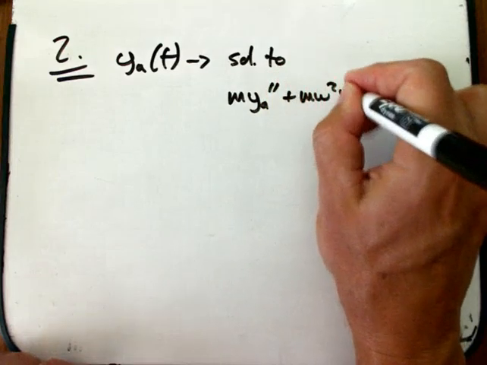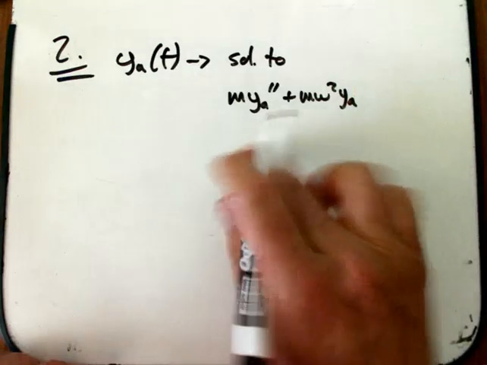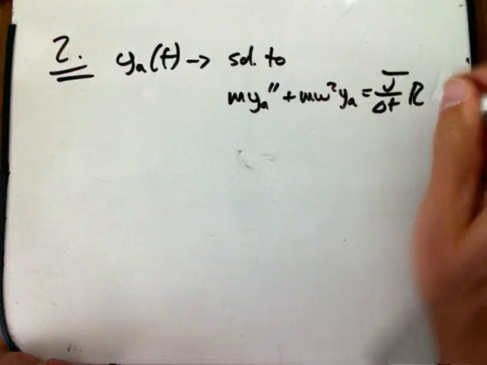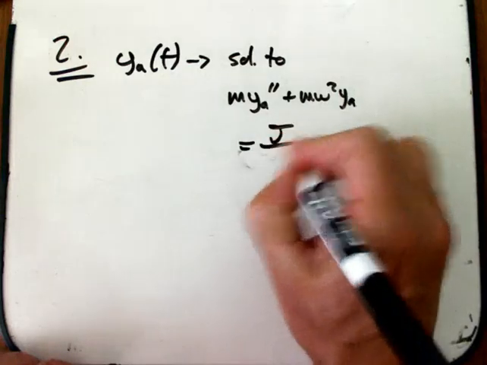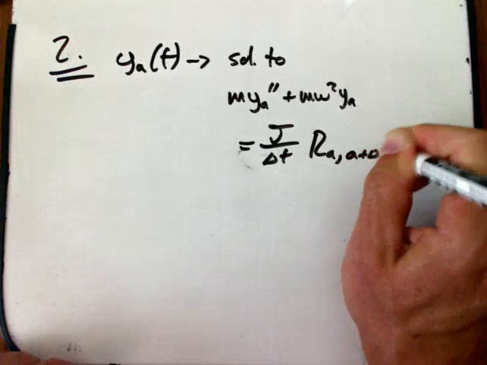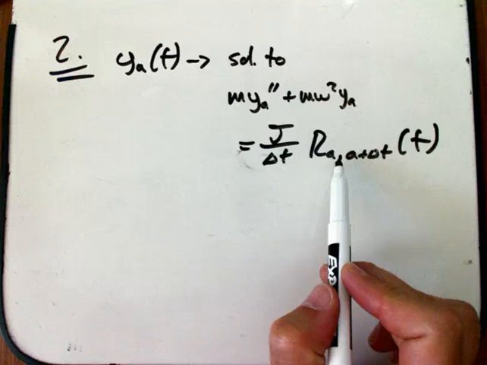Its property is that this is J over delta t. And that's the rectangular pulse starting at A and lasting delta t. And I want this A to match with this A, okay?